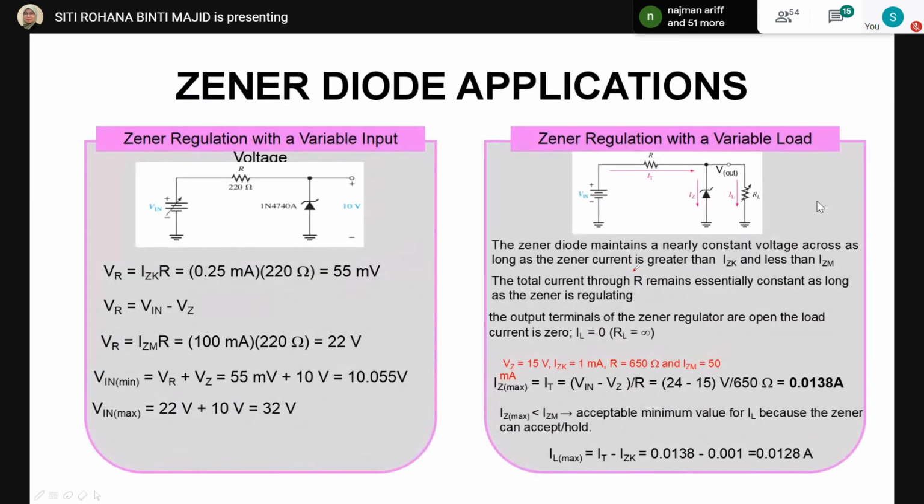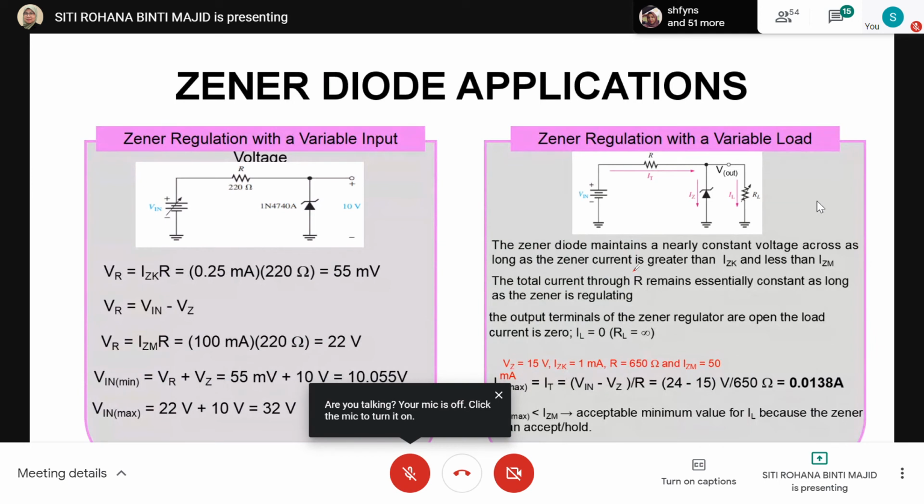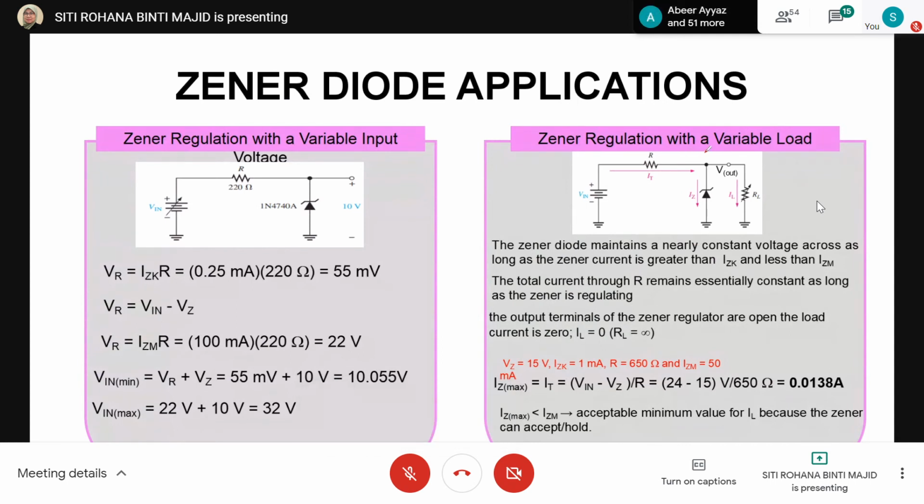Okay, for the application part of a Zener diode, I will discuss two ways. The first one is Zener regulation with a variable input, and the second one is regulation with a variable load. So we go to the variable input.